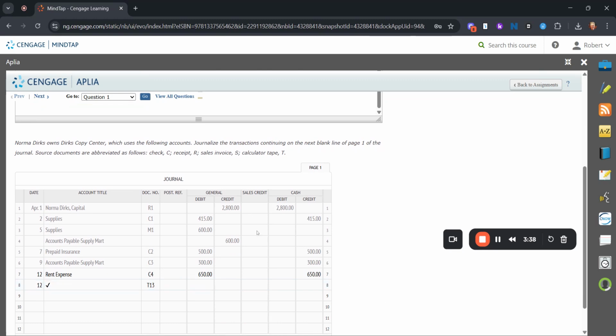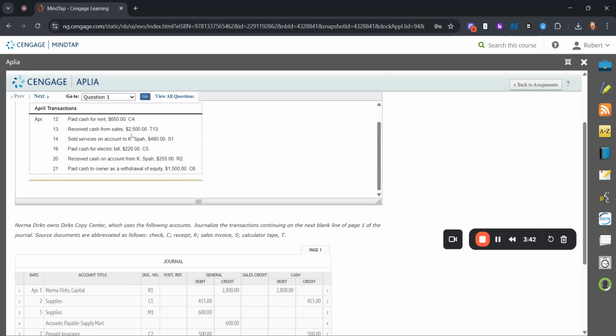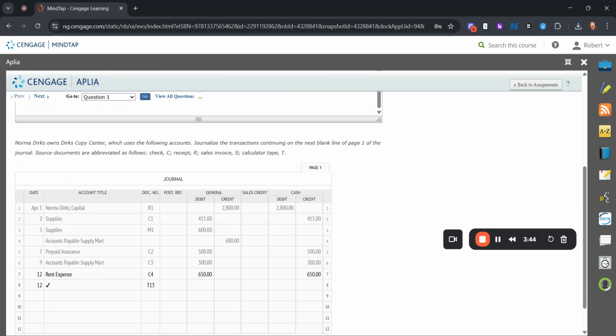But now we're going to use our sales column for the first time. It was cash from sales, $2,500. So we've got sales credit. So sales is on that owner's equity side. So any increase in owner's equity is a credit entry. So that's why it says sales credit, $2,500.